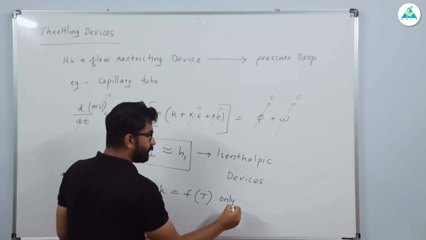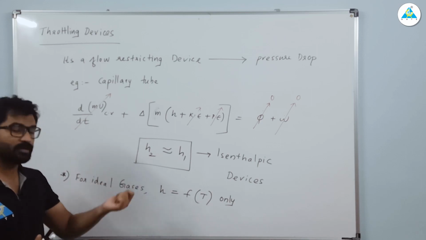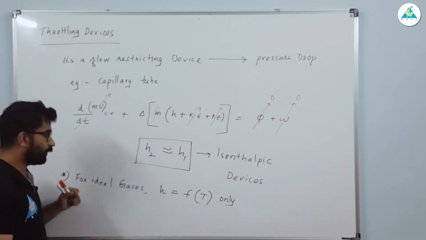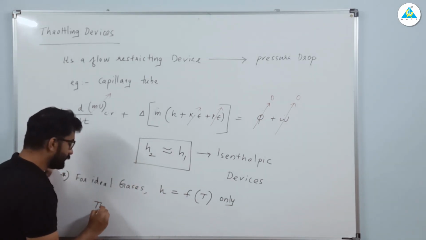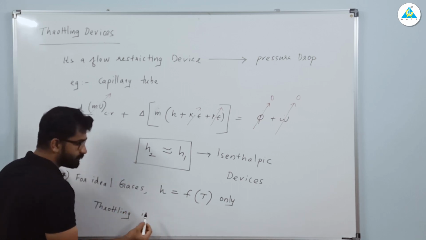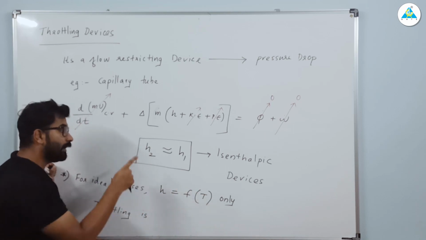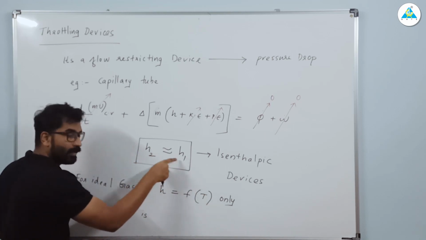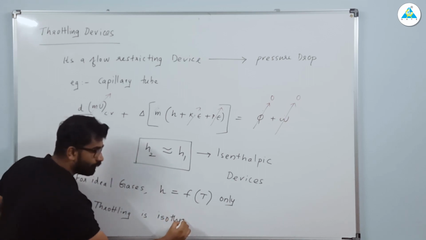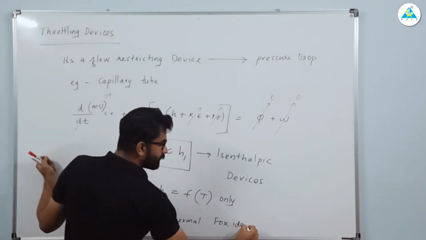So if enthalpy is a function of temperature only, and after throttling and before throttling both enthalpies are the same, then the meaning is that throttling is isothermal for ideal gases.